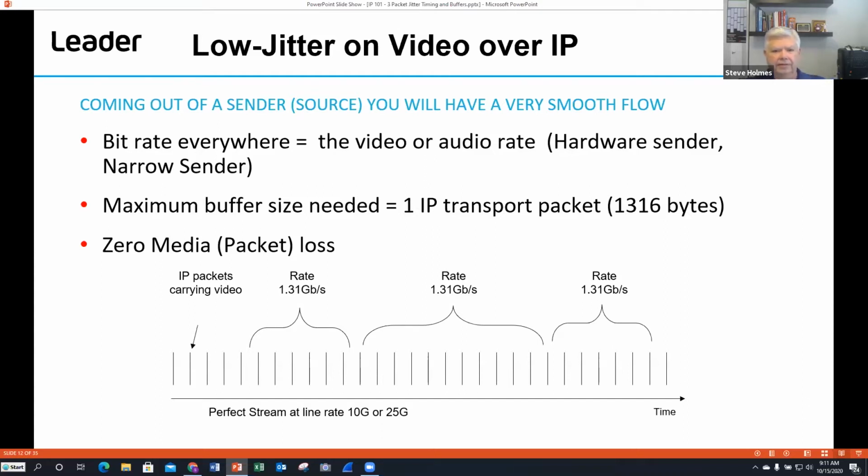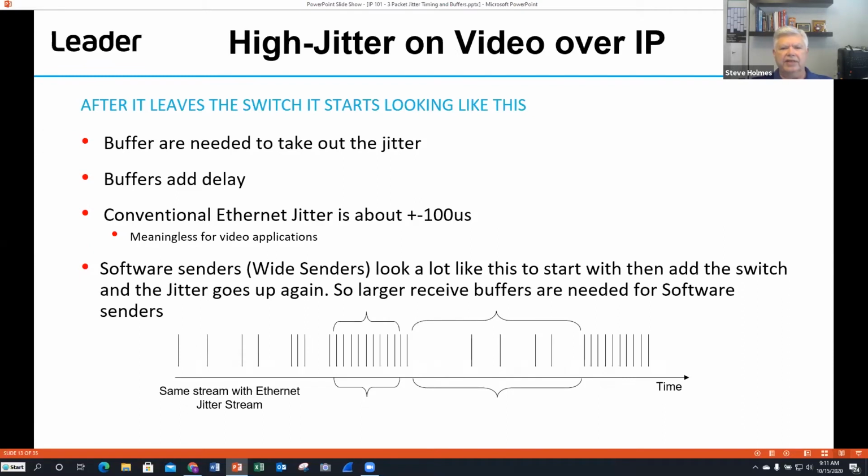But once it hits a switch, what the switch is actually doing is it's a statistical multiplexer. It is getting many feeds from different ports and aggregating those feeds together and putting them out on another IP leg. But in a lot of cases, you're going to have two packets show up at the same time. One packet's got to get in front of another, and another packet's got to get behind.